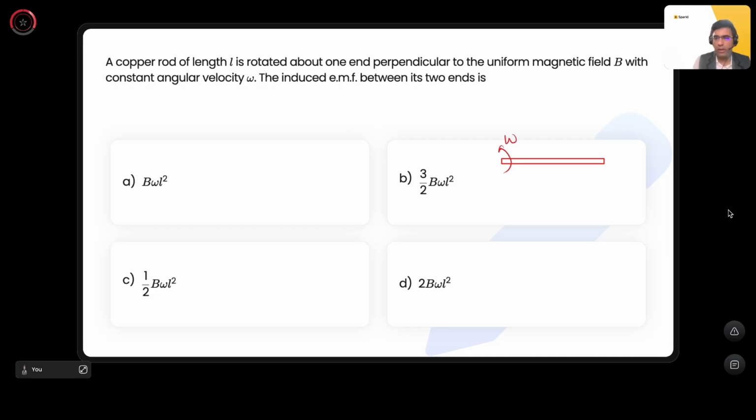It is rotating with angular velocity omega, length L, and the magnetic field here is B. So the EMF induced in the rod comes out to be B omega L square upon 2. So it's a direct result. Have to learn it. You might have done the derivation of this particular thing for your board exams as well. So it's easy, but yeah, it is very likely to be asked in the exam.